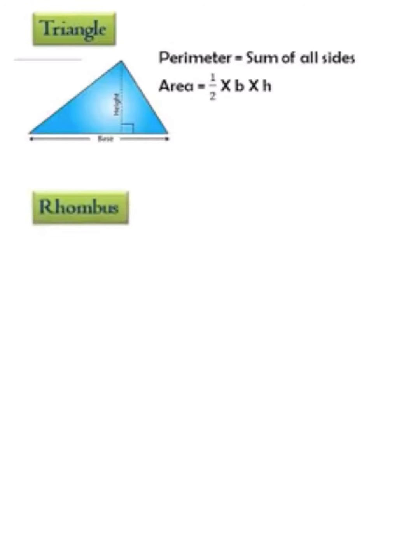After that, rhombus. A rhombus has 4 equal sides and 2 unequal diagonals, a long diagonal and a short diagonal.